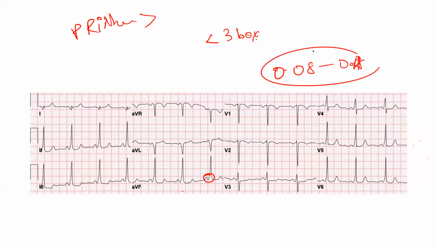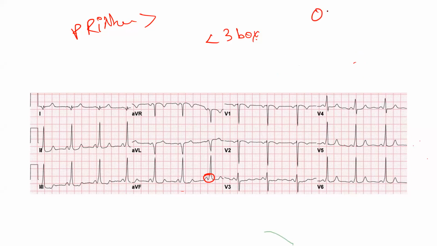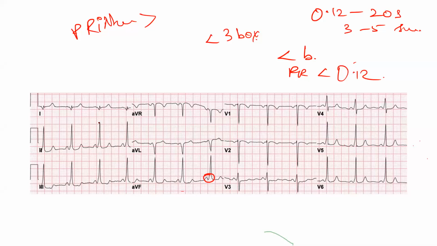Here, less than 3 boxes is 0.06. The normal PR interval is 0.12 to 0.20 seconds, which is 3 to 5 small boxes. So if it is less than 3 boxes, the PR interval is less than 0.12 seconds, which is a very classic picture of WPW syndrome. In addition, you typically have this delta wave, like the delta symbol.